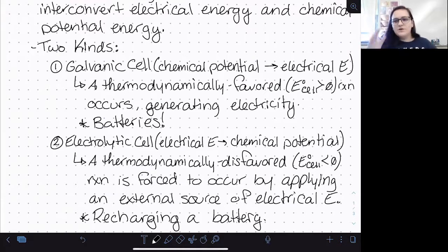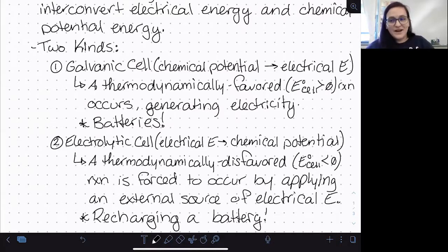So any type of rechargeable battery is capable of functioning as both a galvanic cell and an electrolytic cell depending upon the circumstances. So when you're, say, using your phone or your laptop throughout the school day and the battery is draining, it is functioning as a galvanic cell. It is producing the electrical power necessary in order to power your device.